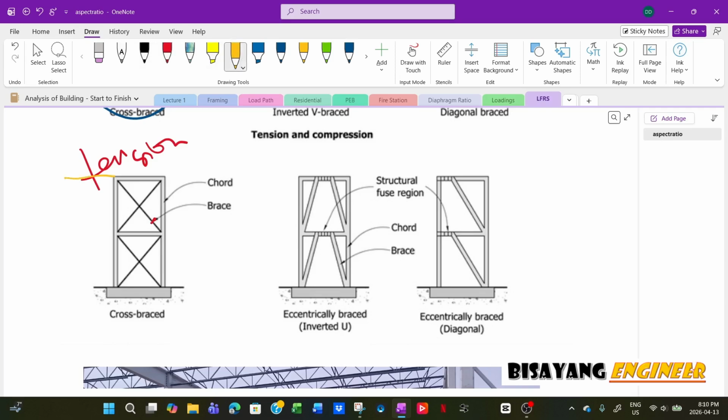So for example, if this is your load in that direction, then only this member resists the force. And then this will be in tension, right? Now that tension will be resisted by this horizontal member, which is called the strut.